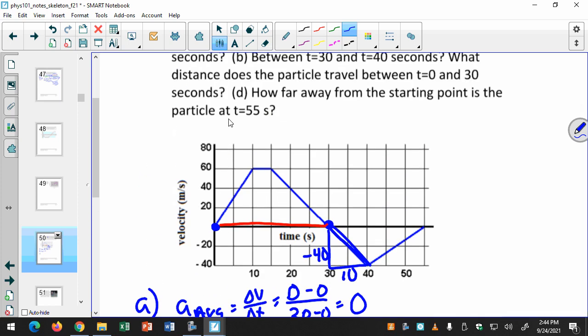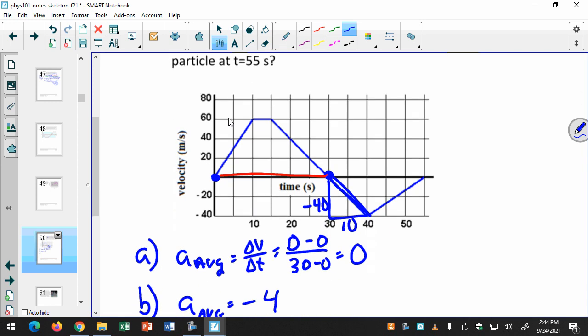For C, I'm looking, what distance does it travel between 0 and 30 seconds? Sort of like what we did before. I want to know the area under this function right here. I can count my squares. Each square looks like 100 meters. I'm counting that right because I have 20 on this side and 5 on this side.